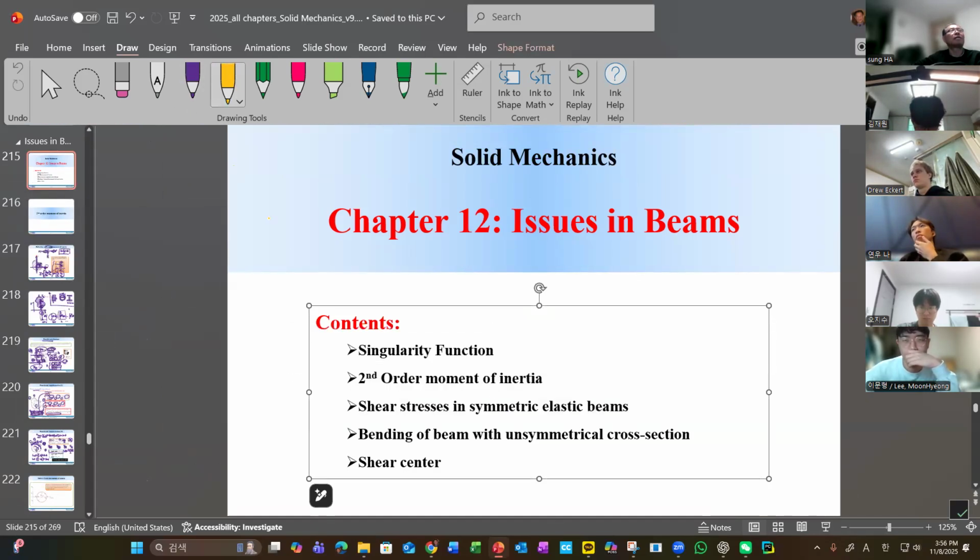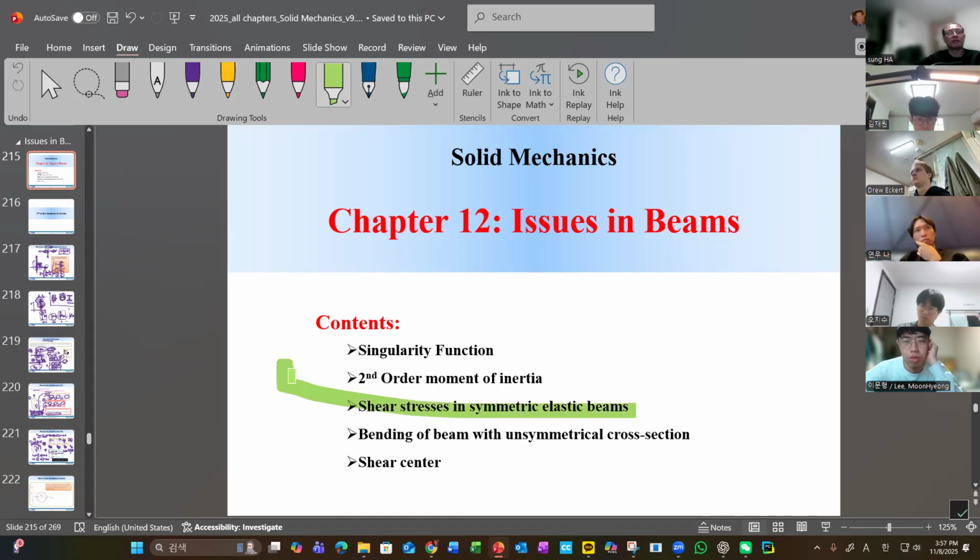Only these two are what we'd like to emphasize. And the singularity function is mathematically useful when we solve the fourth-order differential equation in beam theory.